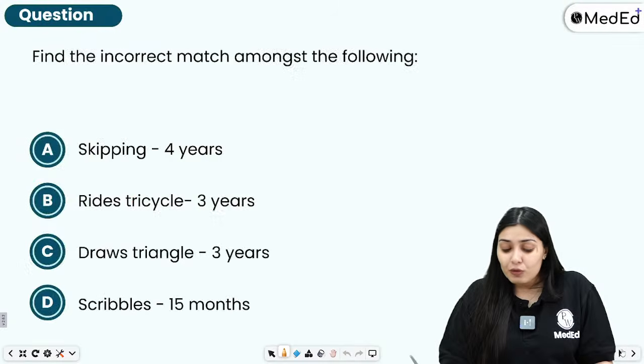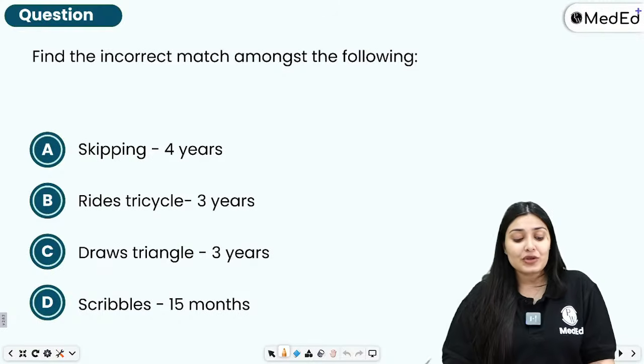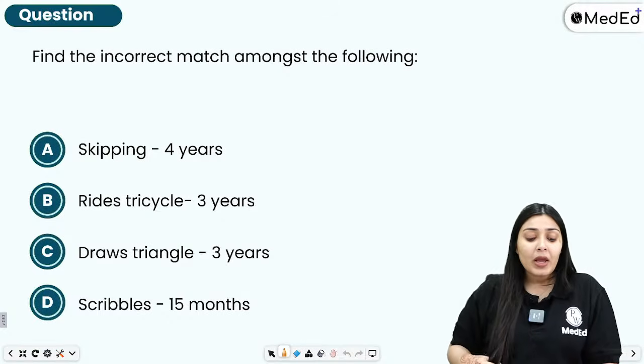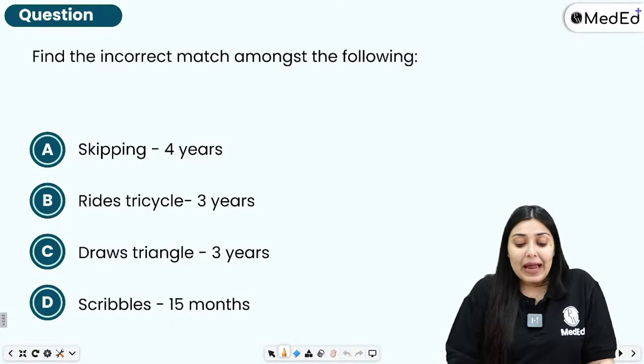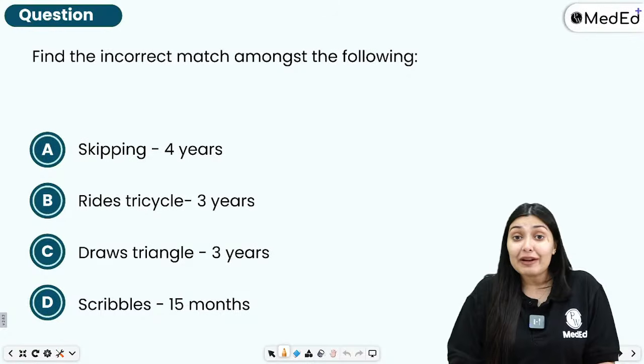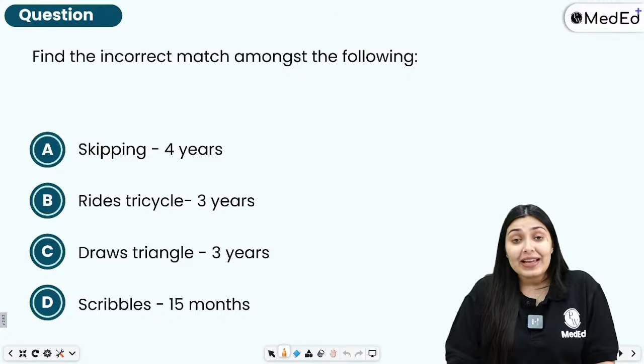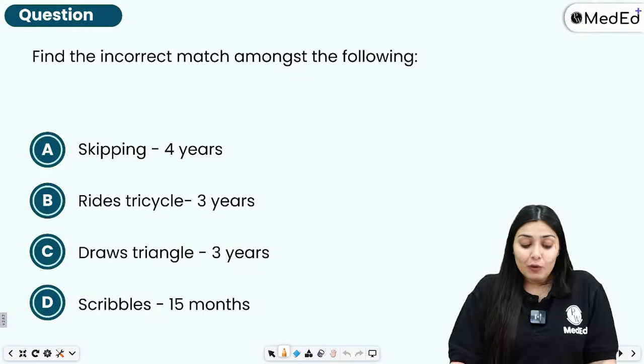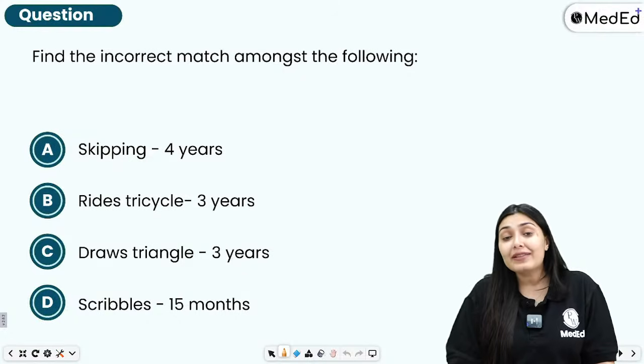So let's move to the next question. Find the incorrect match amongst the following. A developmental milestone question. Skipping 4 years, riding tricycle 3 years, draws a triangle 3 years, scribbles 15 months.